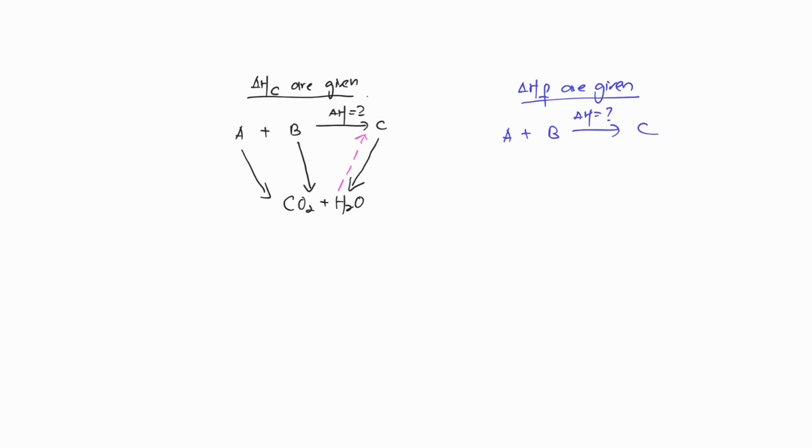If standard enthalpy change of formation is given as information, we could construct the cycle by getting the elements to form them as the reactants, and the arrow is pointing from the elements to the product that forms. So this is the simple cycle that we could get if standard enthalpy change of formation is given as information.